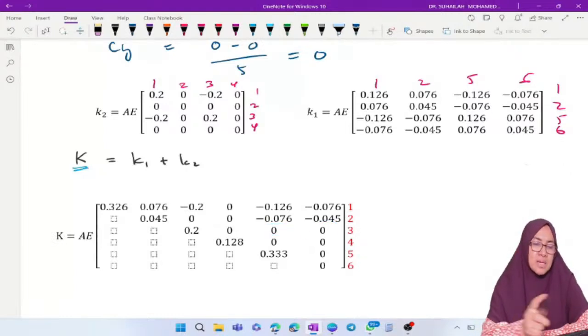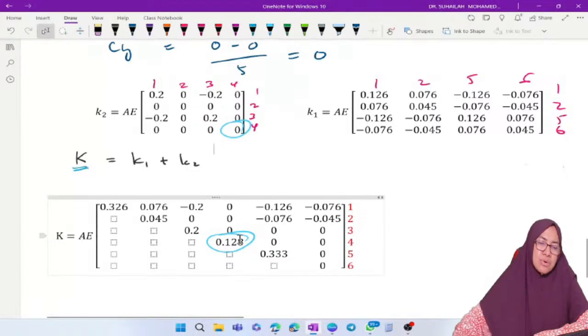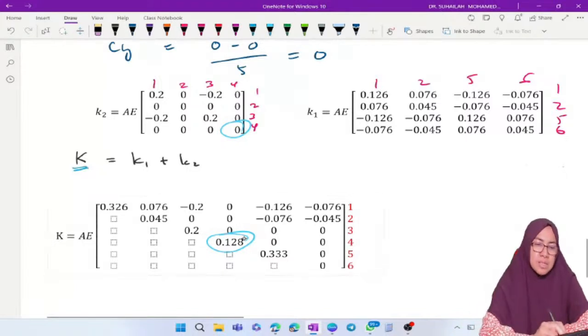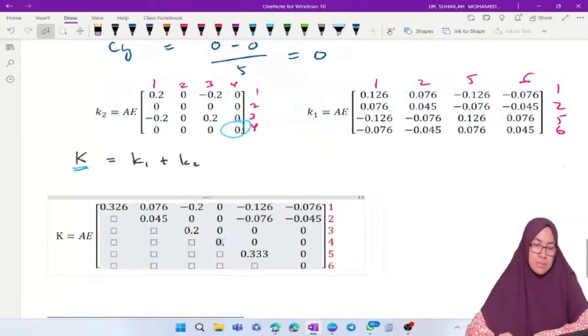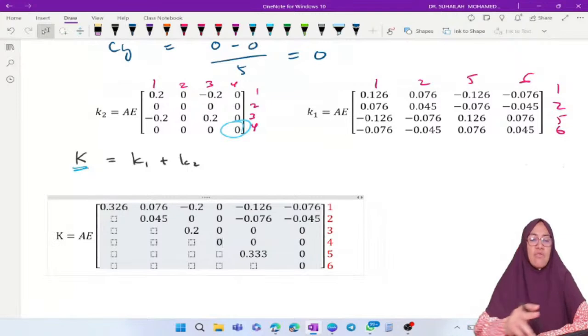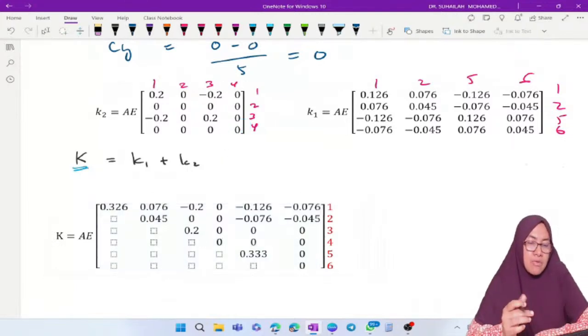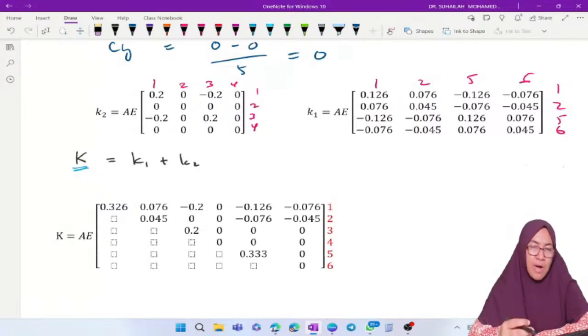Okay, next we move to 4, 4. 4, 4 is 0. 4, 5 and 4, 6: there is no 4, 5 or 4, 6 in K1 and K2, so we put 0.